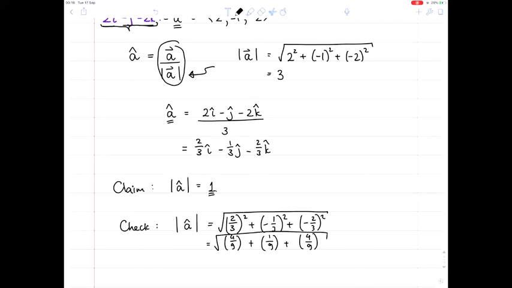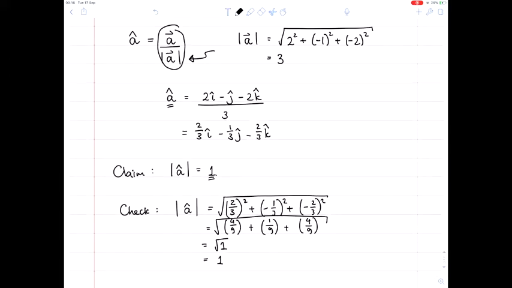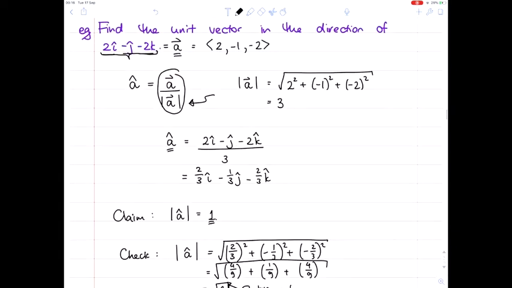We're going to take the root, and this is the square root of 1, which is just 1, because remember, we've defined this as the positive root. Okay, so now we know, if we're given any old vector, how to find a vector that points in the same direction but has length exactly 1. So that's unit vectors.